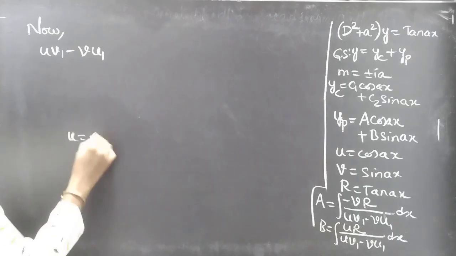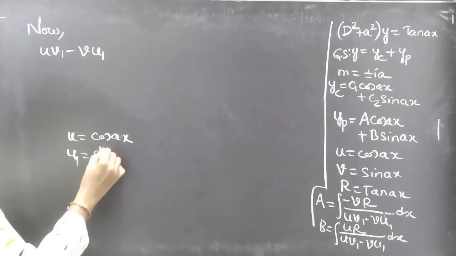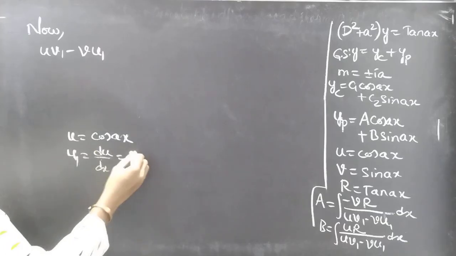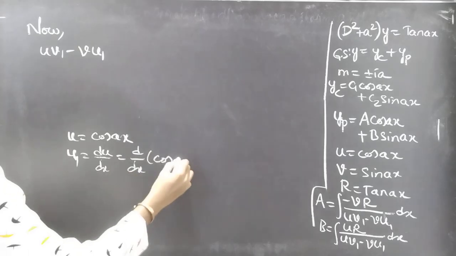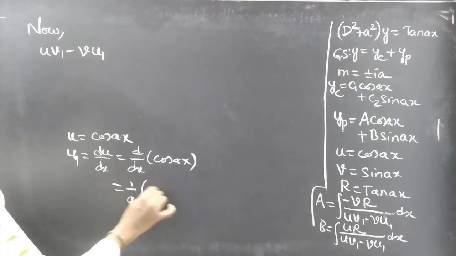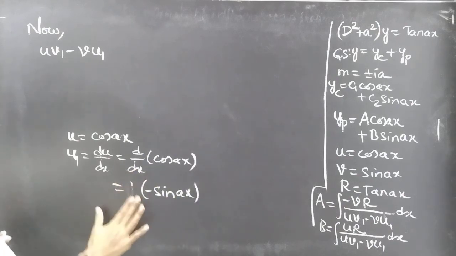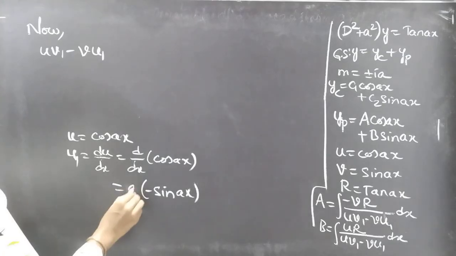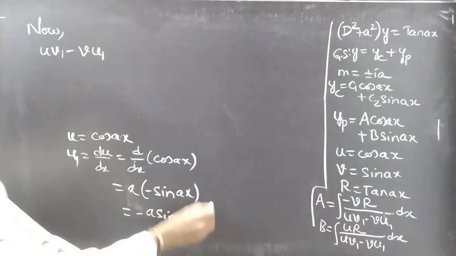If u equal to cos ax, then u1, which is the derivative of u with respect to x, equals the derivative of cos ax with respect to x, which is minus a sin ax.